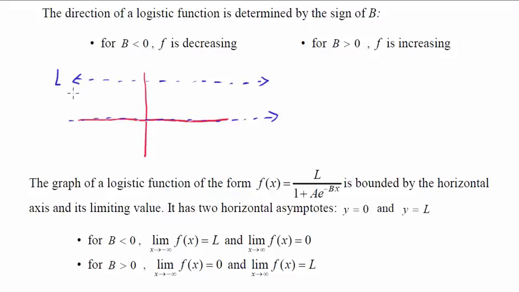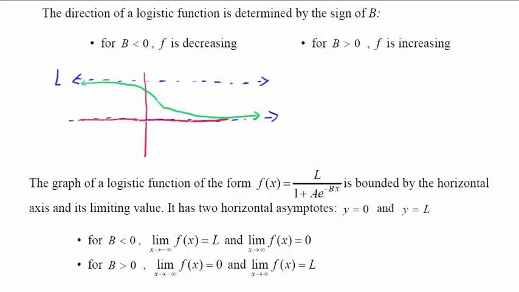In the case where B is negative and I'm decreasing, I start off really close to this limiting value up here, and I'm concave down. Then I will have an inflection point at some point and change to concave up, and then get really close to this limiting value down here at 0.